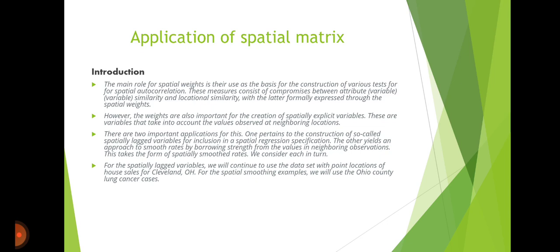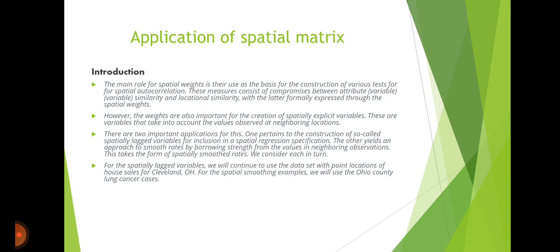These measures consist of a comparison between attribute similarity and locational similarity, with the latter formally expressed through the spatial weights. However, the weights are also important for the creation of spatially explicit variables. These are variables that take into account the values observed at neighbor locations.